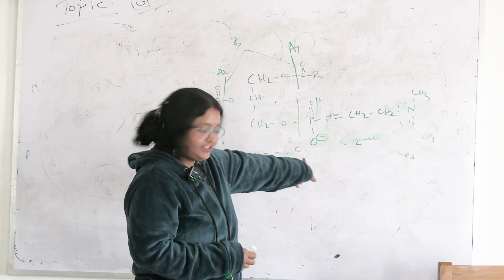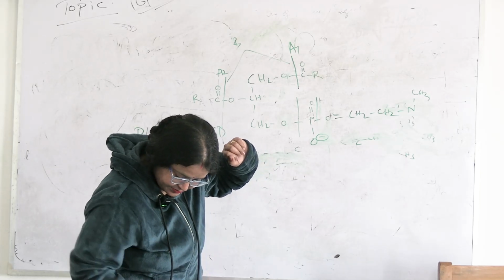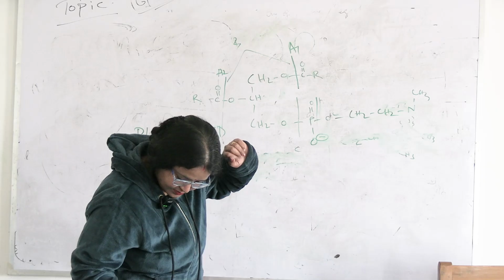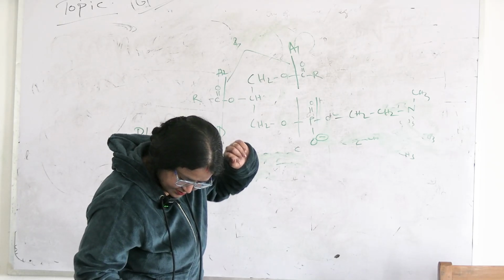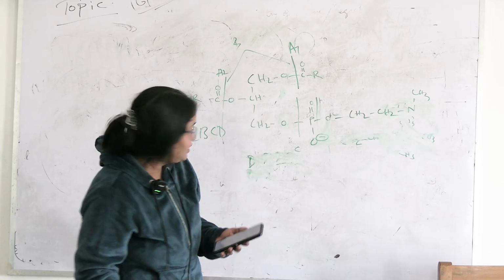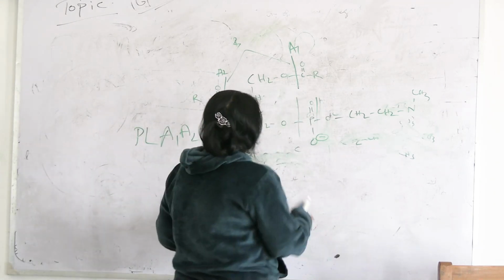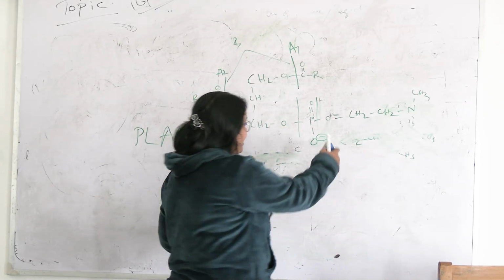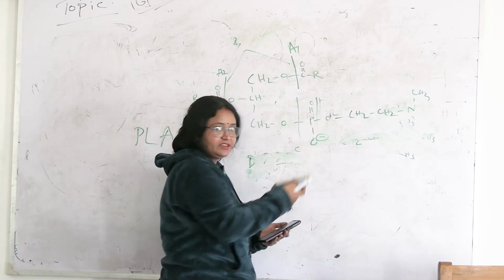Because I can break it here and I will get nothing, so I have to break somewhere where I get something, right? So I have to make it here.